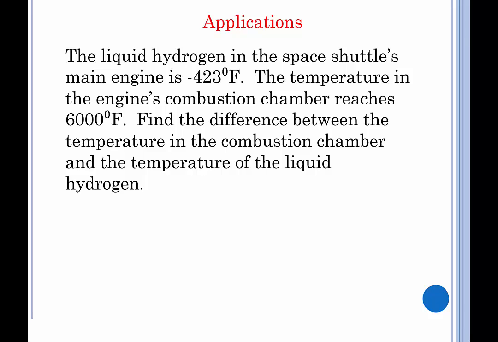In our next application, we're told the liquid hydrogen in the space shuttle's main engine is -423 degrees Fahrenheit. The temperature in the engine's combustion chamber reaches 6,000 degrees Fahrenheit, and we're asked to find the difference between the two.